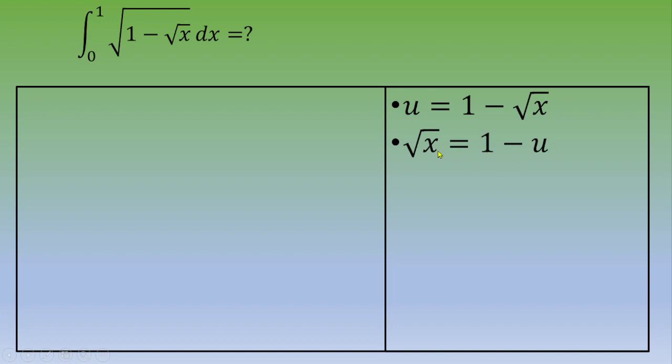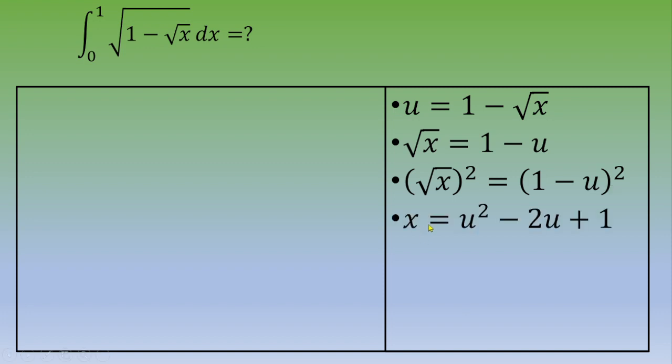We would like to get x, so we are going to square both sides. And in fact, this is x equals u squared minus 2u plus 1. So if you differentiate, this is dx equals (2u minus 2) du.